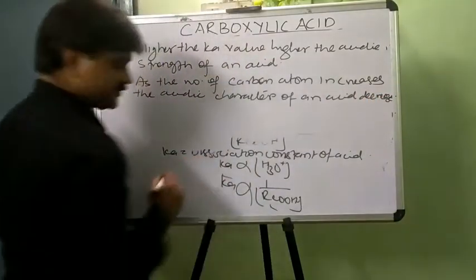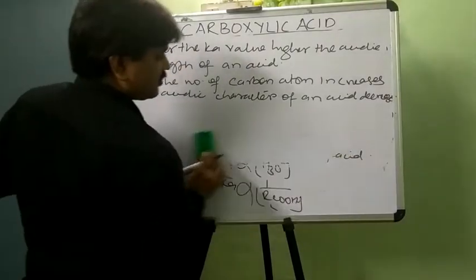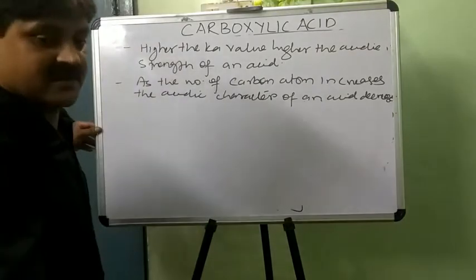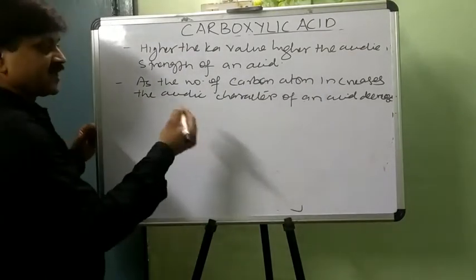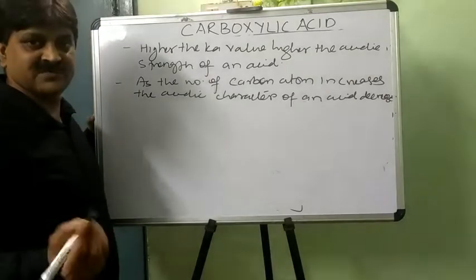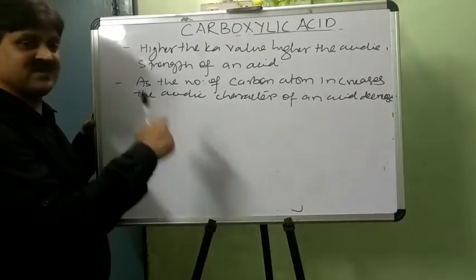For instance, we are deciding the acidic character of the different acids on the basis of their Ka value, and later we will discuss what is the reason behind this.